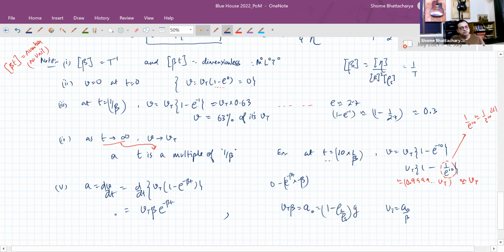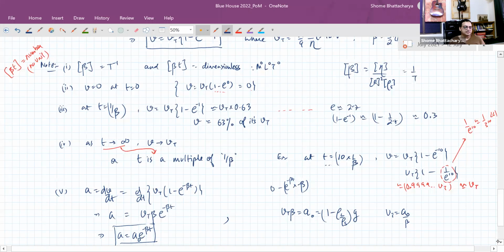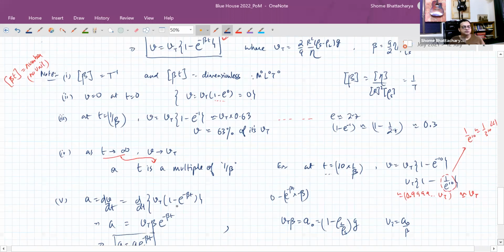So the acceleration also has this kind of pattern: the acceleration is the initial value of acceleration into an exponential decaying factor. Like the velocity is the terminal velocity into 1 minus the exponential decaying factor, whereas the acceleration is directly the initial acceleration into the exponential decaying factor.